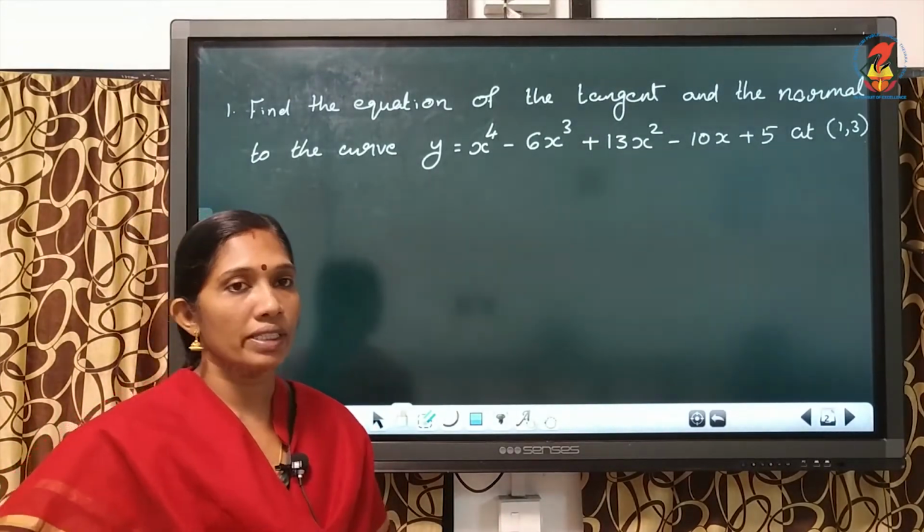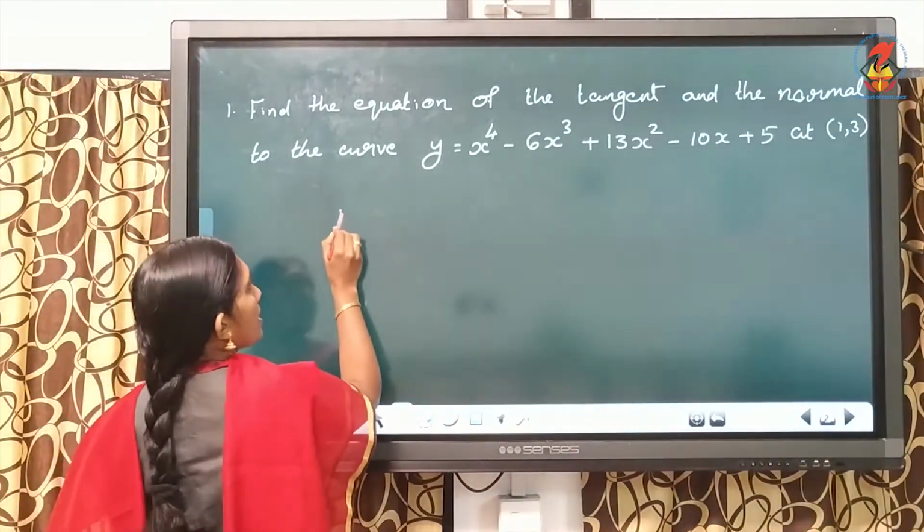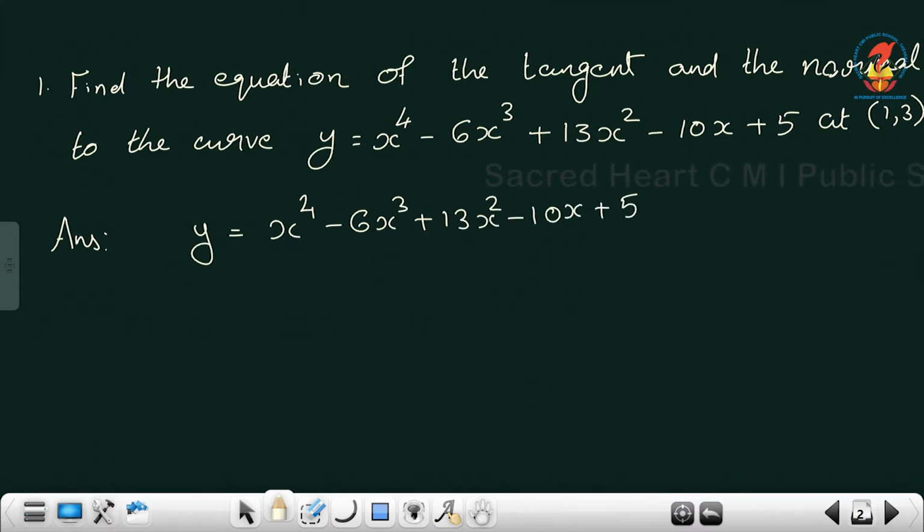Now we have to find the slope of the tangent to the curve. The curve equation is given, y = x^4 - 6x^3 + 13x^2 - 10x + 5.